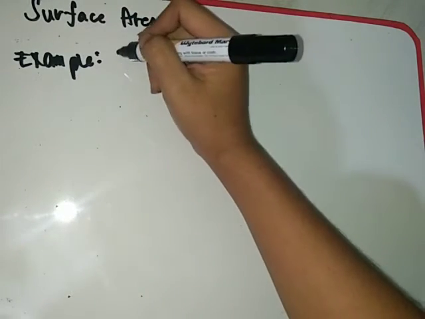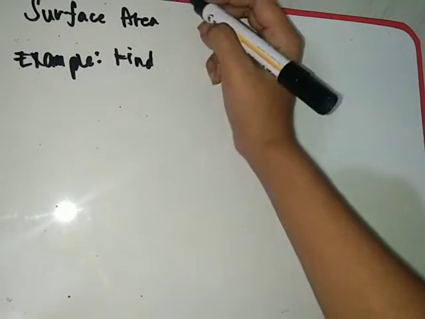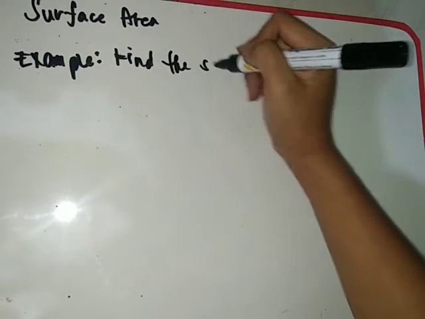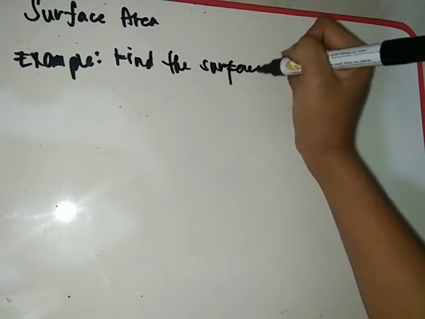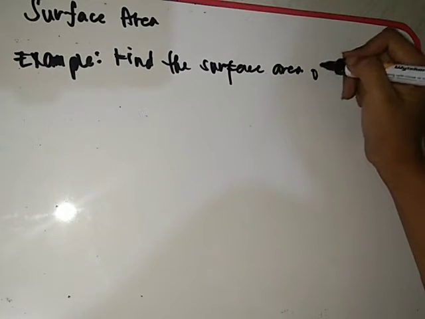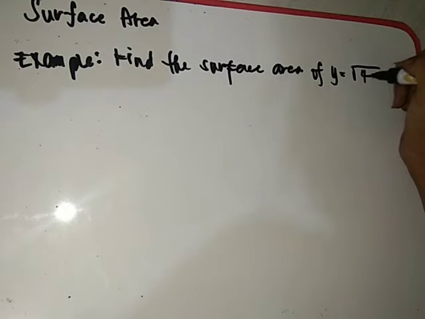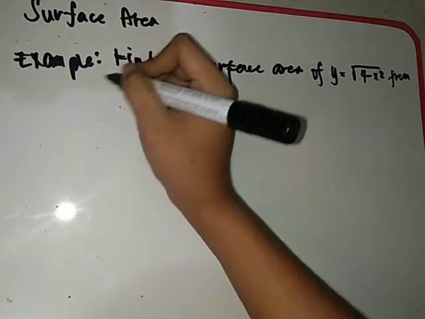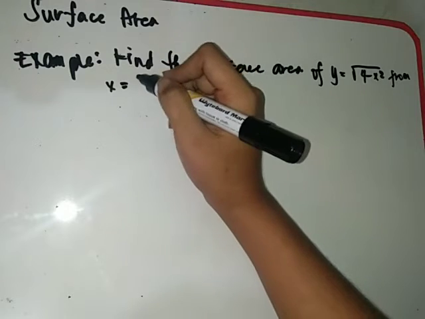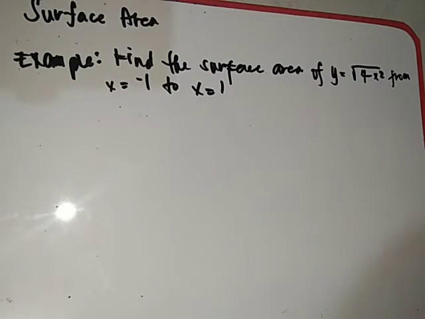Find the surface area of y is equal to square root of 4 minus x squared from x is equal to negative 1 to x is equal to 1.